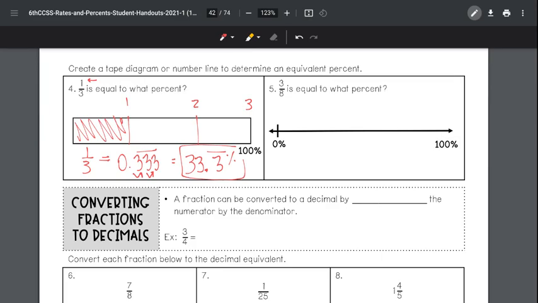Three-eighths is equal to what percent? Three-eighths. If you do 3 divided by 8 in your calculator, you get 0.375. And if you move your decimal point 2 spots to the right, you figure out it's 37.5%.